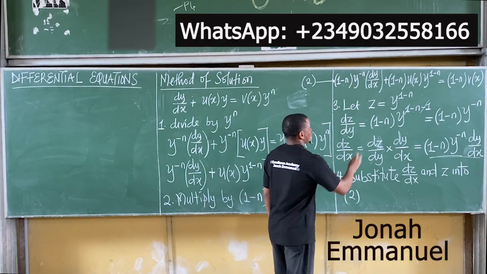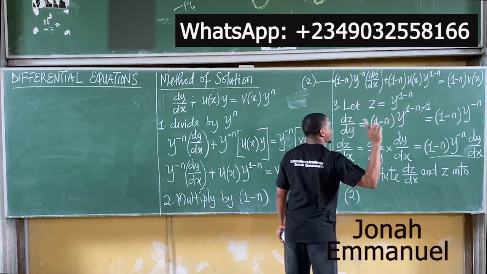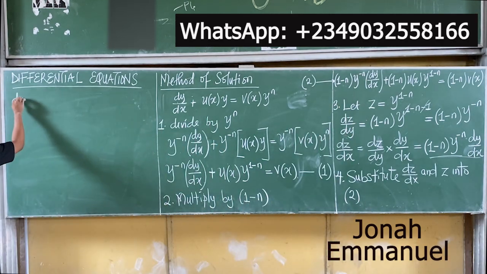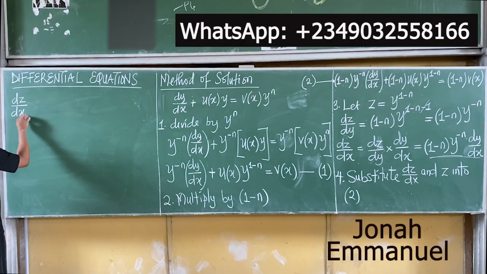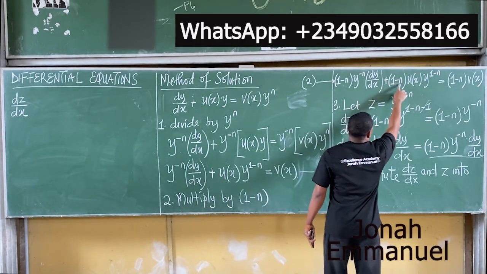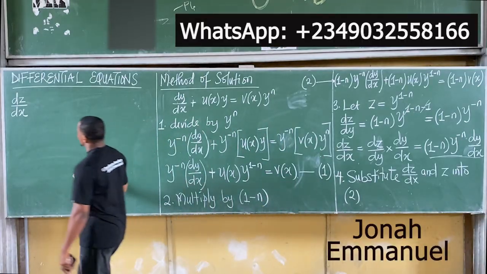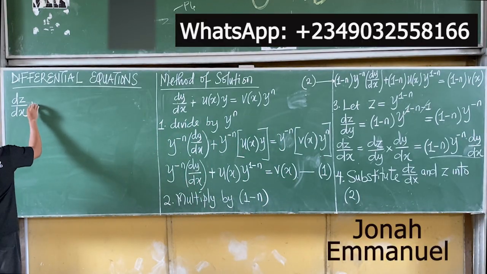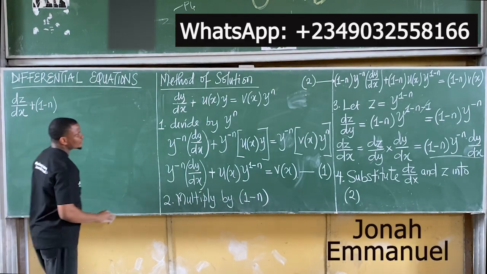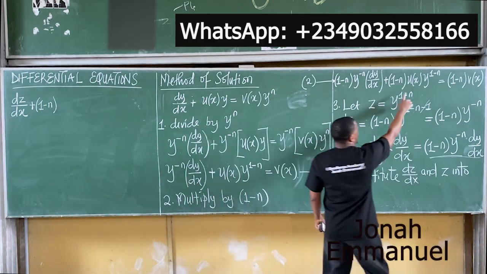So if I substitute, all of this forms dz dx. So equation 2 becomes dz dx, next up, plus 1 minus n into u of x.